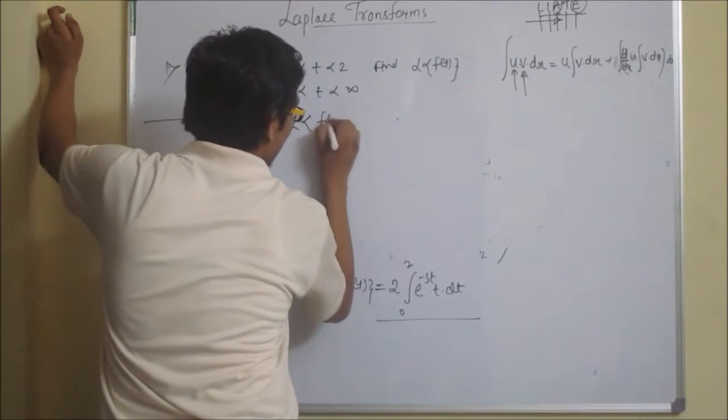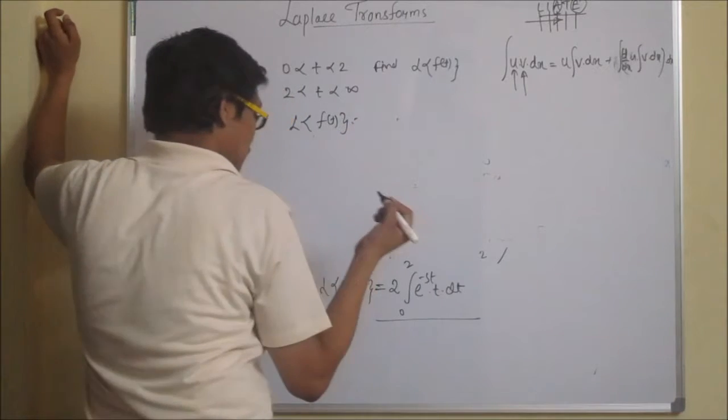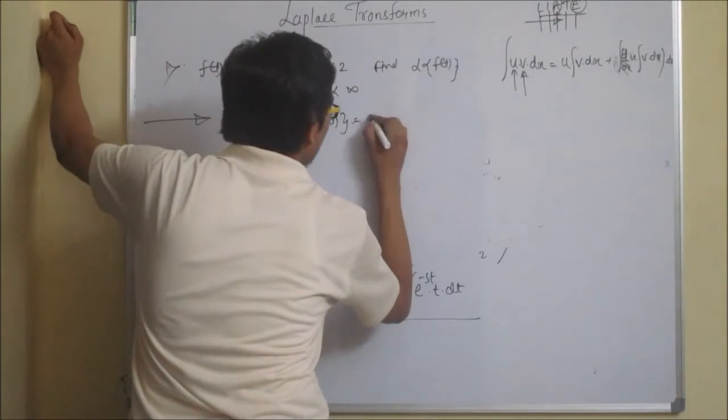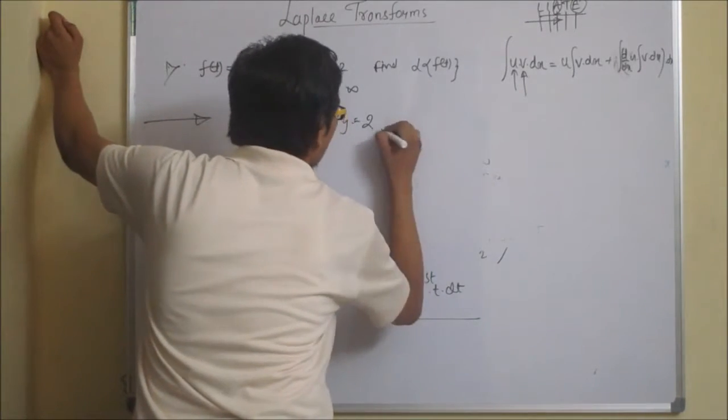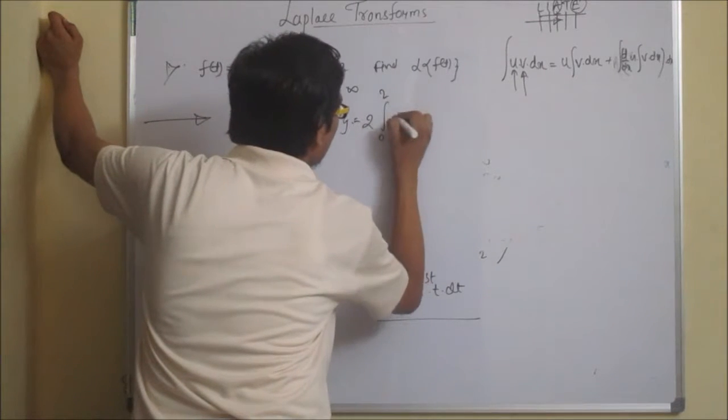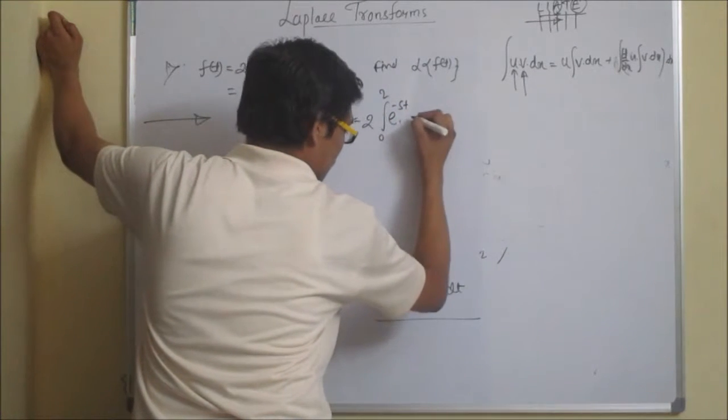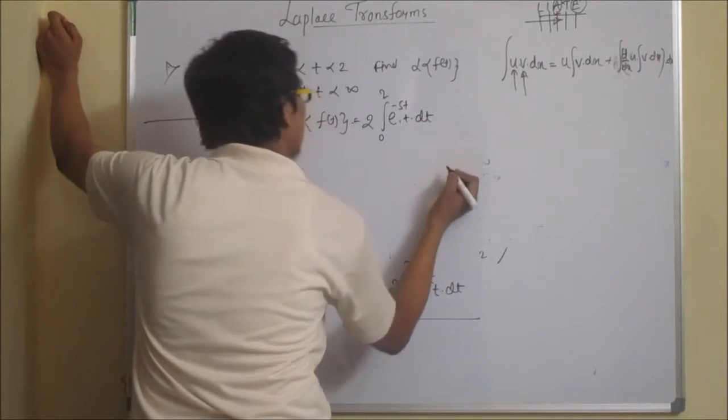L of f of t is equal to 2 times integral from 0 to 2 of e raised to minus st t dt.